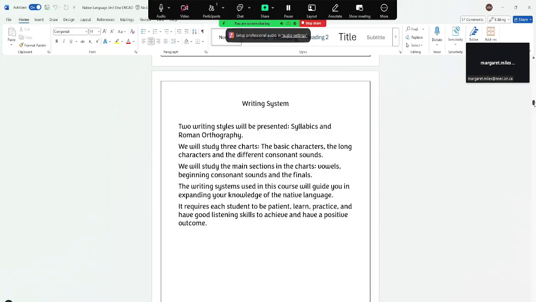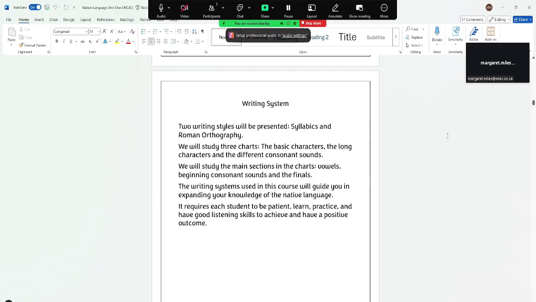So we said that there are two writing styles that will be presented in class: syllabics and Roman orthography. We will study 3 charts: basic characters, long characters, and different consonant sounds.